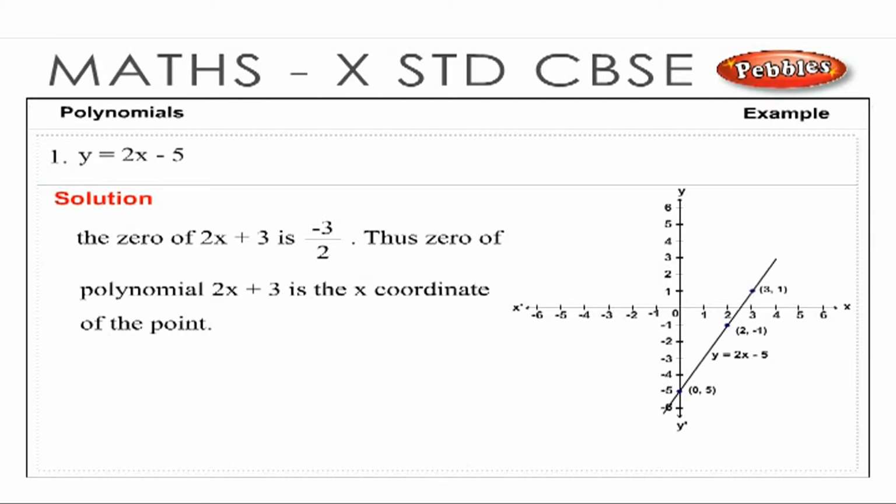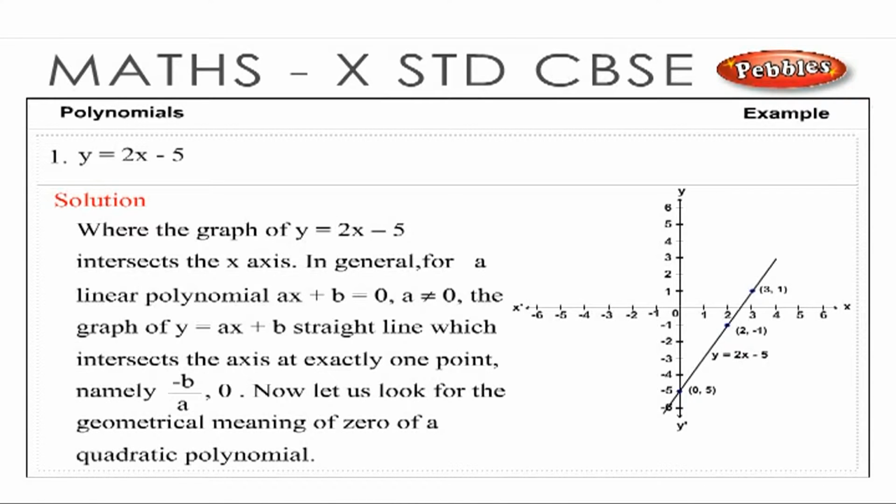Thus, the zero of the polynomial 2x minus 5 is the x-coordinate of the point where the graph of y is equal to 2x minus 5 intersects the x-axis. In general, for a linear polynomial ax plus b, a not equal to 0, the graph of y is equal to ax plus b is a straight line which intersects the x-axis at exactly one point, namely minus b by a, 0.